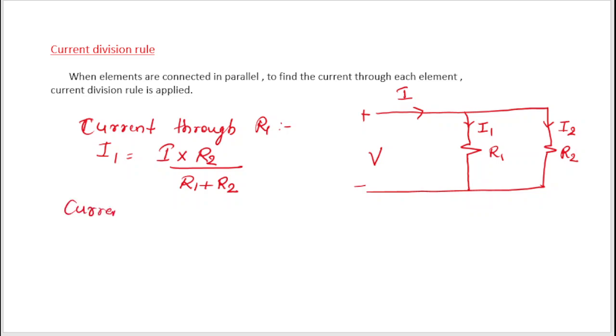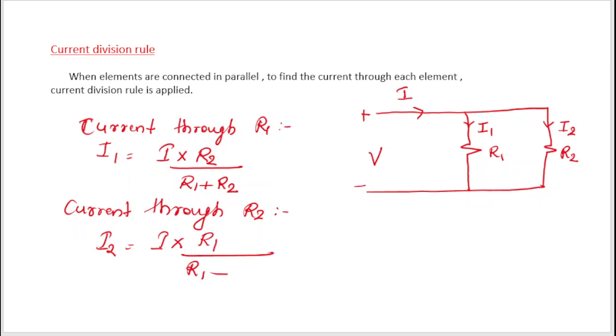Similarly, the current through resistor R2, that is I2, is equal to total current I into the other resistor, that is R1, divided by the total resistance R1 plus R2. This is the current division rule. Using this rule we can find the current through any element which is connected in parallel.